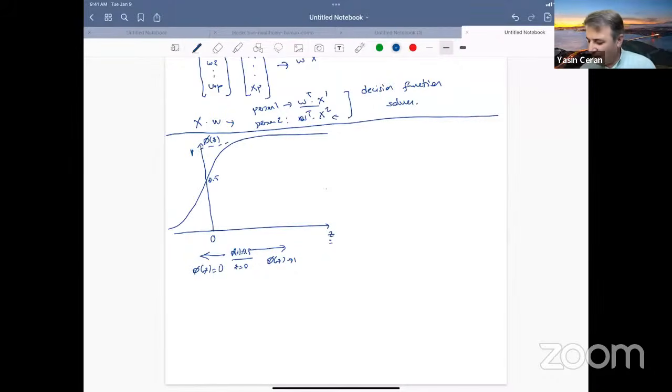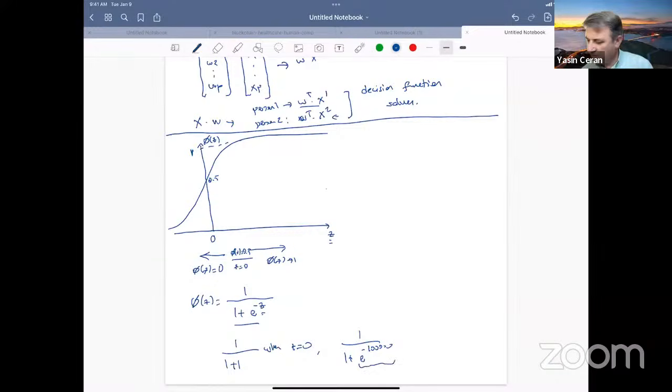It turns out that for phi of z, I can use an exponential function: 1 over 1 plus e to the power of negative z. If I use this function, when z is 0, this is 1 over 1 plus 1. When z is a very big number, this is 1 over 1 plus e to the power of minus a very big number.